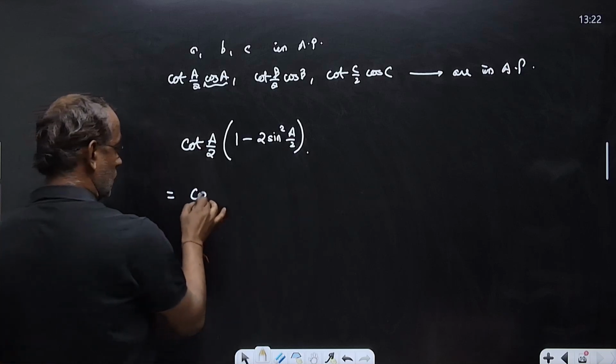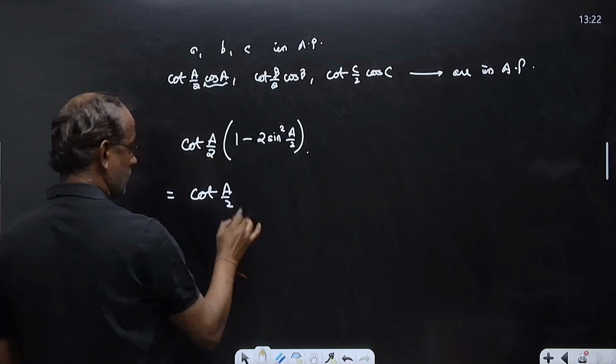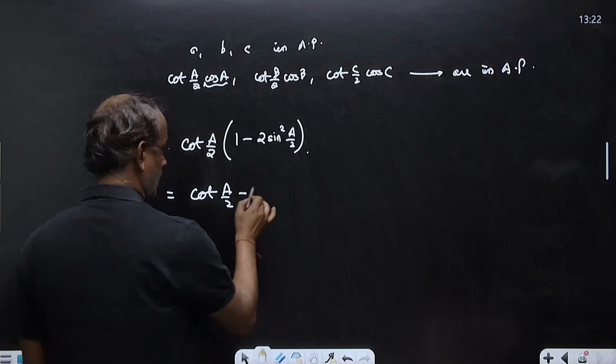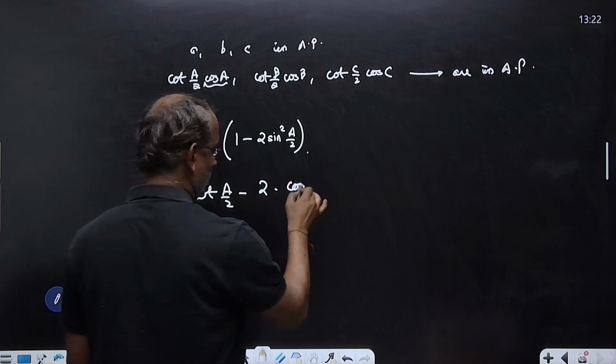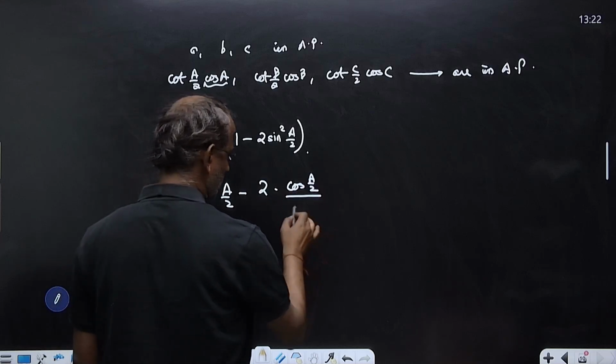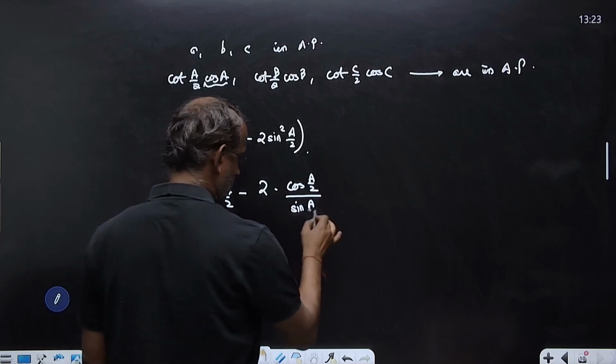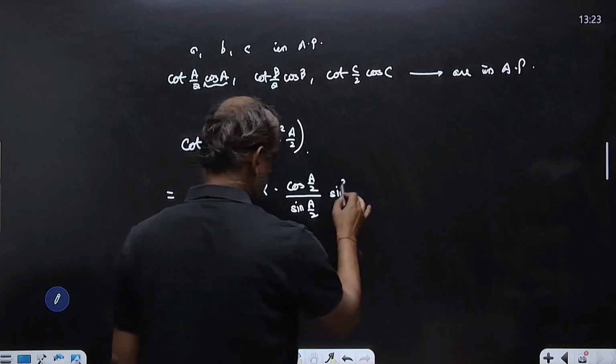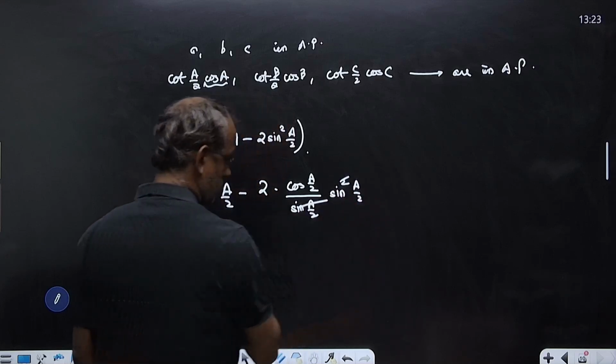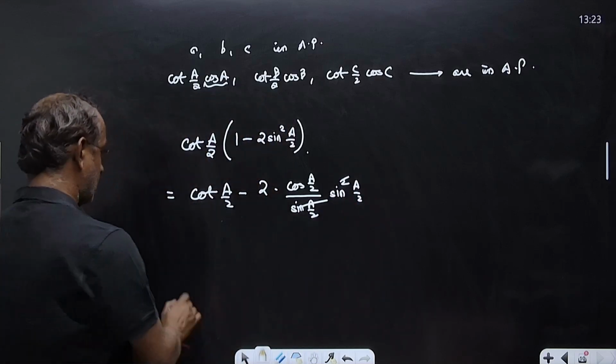This is cot A by 2 minus 2. What is cot? 2 sin A by 2 cos A by 2.